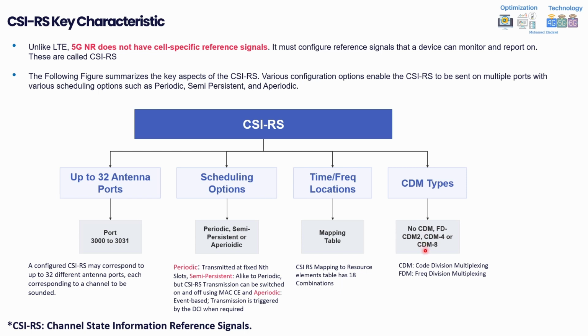Code division multiplexing simply means that you can configure the same frequency-time domain resources to 2 different UEs or 3 different UEs using different ports, but using code division multiplexing to differentiate between the resources of each UE. And we have something called frequency division multiplexing, and these CDM types have different variants. Also, I'll be covering this in the next slides. I will try to visualize it, and this is also part of the mapping table.